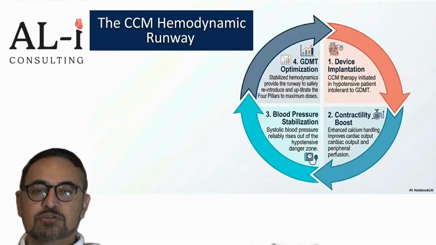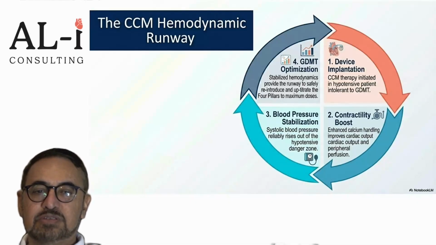CCM can also be useful when hypotension blocks GDMT optimization. The cycle begins with device implantation in a patient who cannot tolerate medical therapy because of low blood pressure. By improving calcium handling and contractility, CCM can increase cardiac output and peripheral perfusion. As hemodynamics stabilize, systolic blood pressure rises out of the hypotensive danger zone, creating a runway.